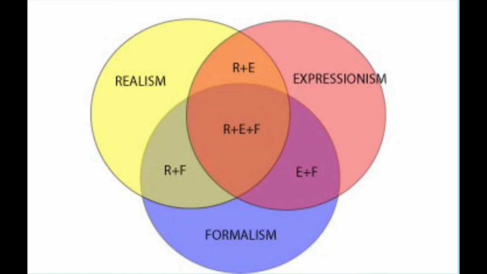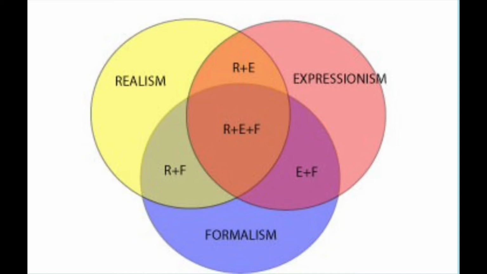When you put these together, you can see the places where realism and expressionism come together, where in the very middle you might have realism plus expressionism plus formalism, and then you have a little bit of both. What I like about this is this might be an interesting way of taking this Venn diagram to a dance concert and saying, which is the most realistic piece in the dance concert?